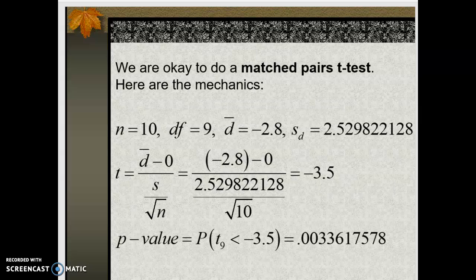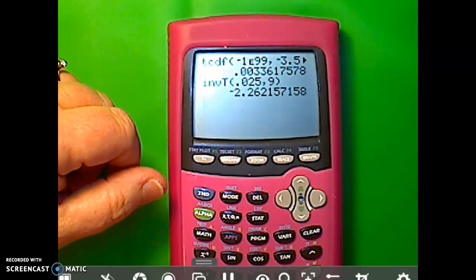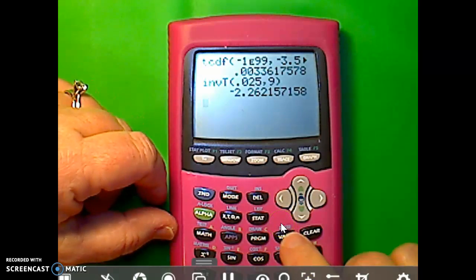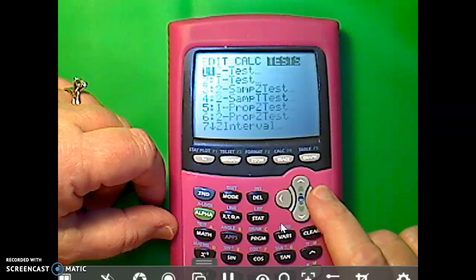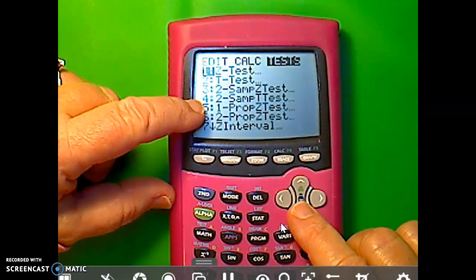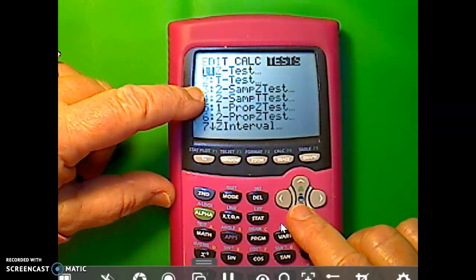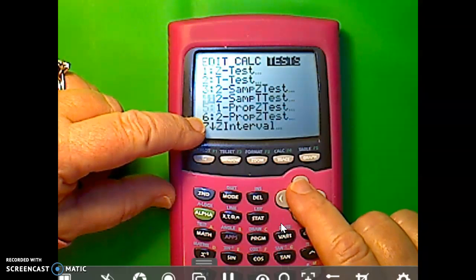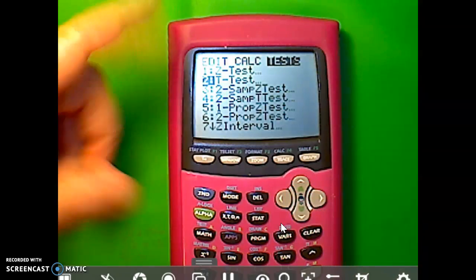But remember that all of this actually is doable on your calculator as well. So we already have our list 3 differences in the calculator. Let's see if we can verify this p-value and that confidence interval with the calculator. So I'll jump back here. I'm going to go to stat test, and what we want is a t-test because it's just one sample.